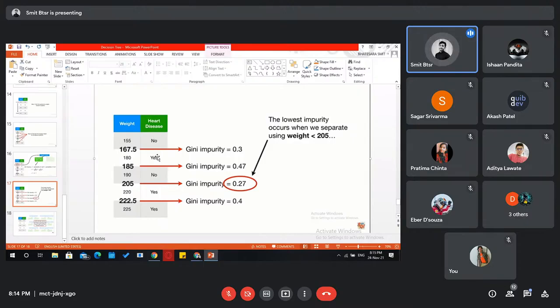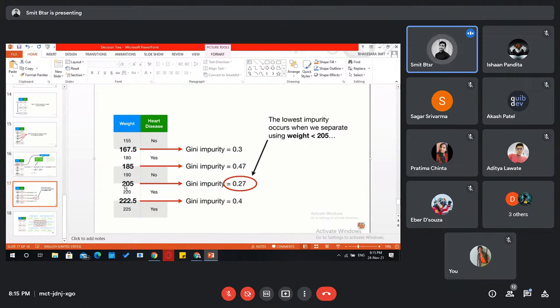From those 3, only 1 is yes and 2 of them are no. Below that, both of them are yes. So we can see there is a high chance of heart disease above that weight. This is just a numerical presentation of finding impurity and the relationship of weight and heart disease. So this is least impure.